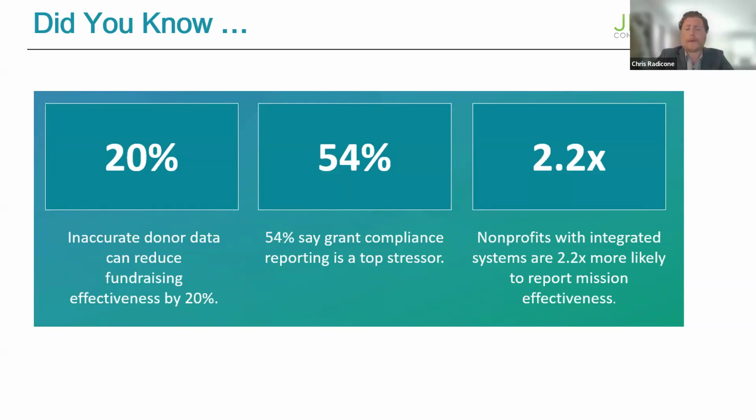Then the next one here is 54% say grant compliance reporting is a top stressor. We'll talk about this a little bit later, but typically you're reconciling your data by the time the books close. You're not getting updated data from all your different systems, and you need all of that data for different reasons, most importantly for grant compliance. As month end starts rolling around, or as you need to start reporting some of your data, it becomes crunch time.